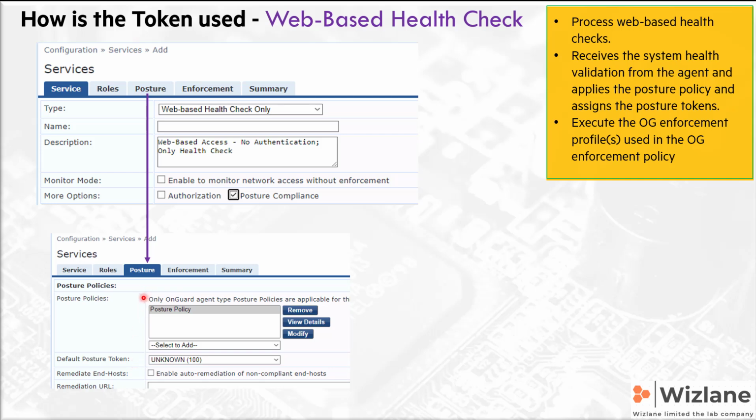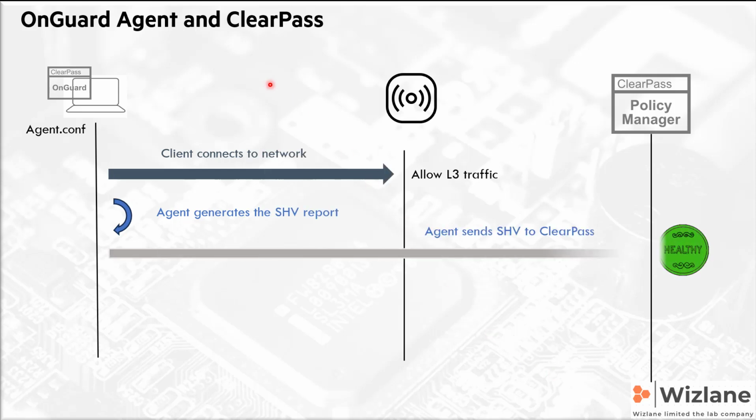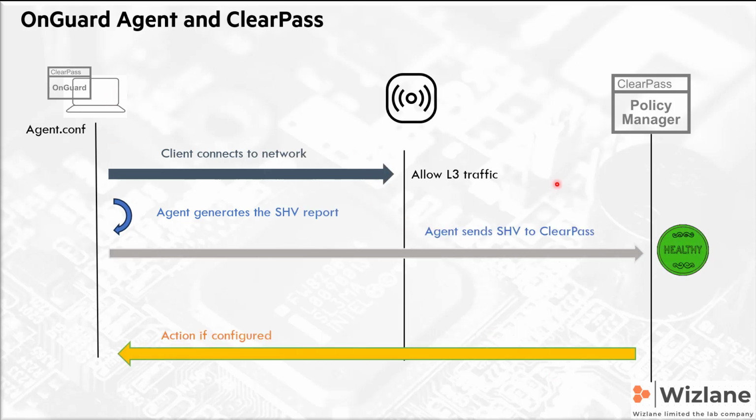That policy communicates and gets updated, basically based on your policy, i.e. settings. And here we have the enforcement policy that will dictate the action. So if a condition is met, then take a certain action. Now the communication happens between the agent and the ClearPass Policy Manager.